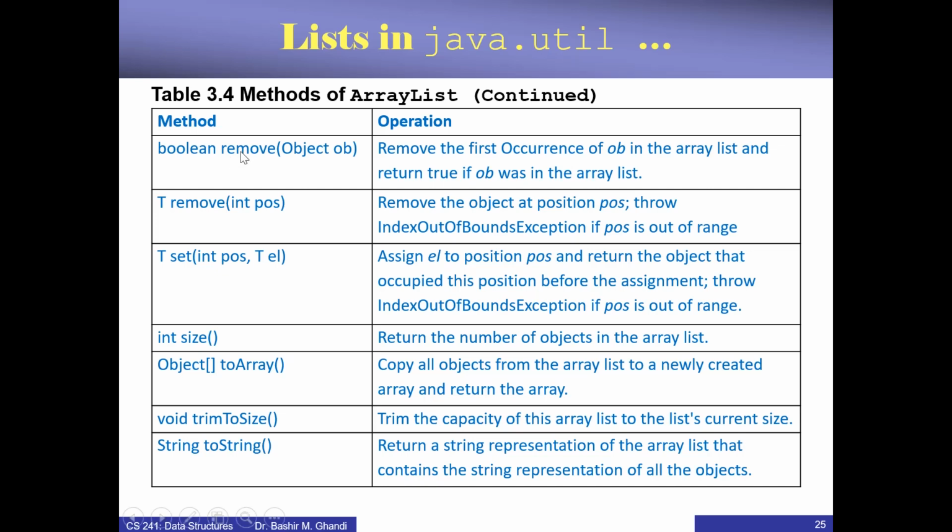We only have remove a given object or remove at a given position. So this is again another thing to observe, comparing ArrayList with linked list. But there is a set method, behaves exactly like the one in linked list. There is the size, which will return how many elements, and you have toArray.